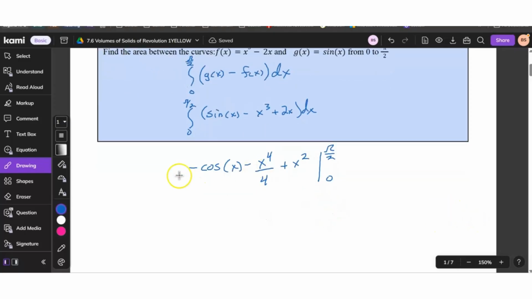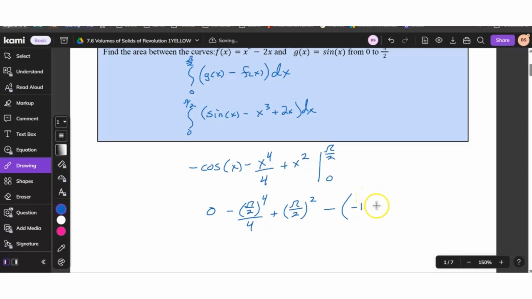It's going to be a gross decimal. Sine of pi over 2 is easy, that's 0. Minus (pi over 2) to the power of 4 over 4, plus (pi over 2) squared, minus cosine of 0, which is 1.